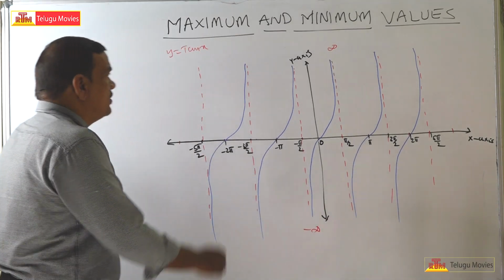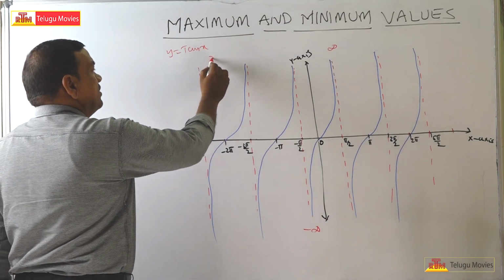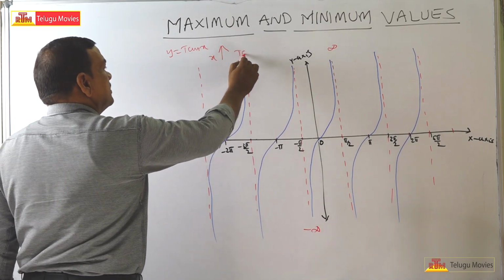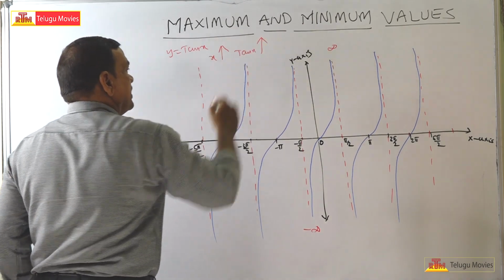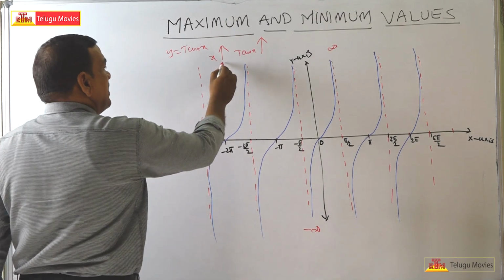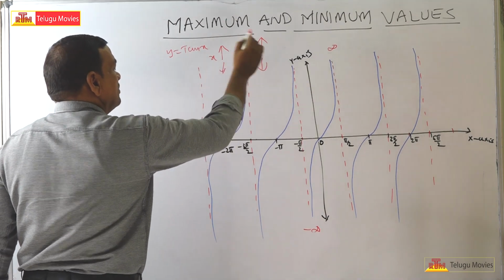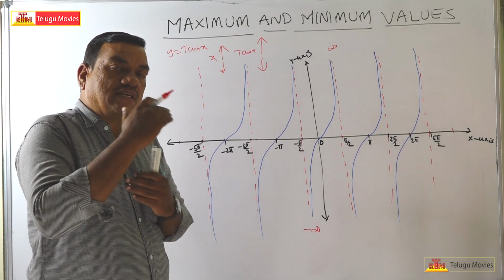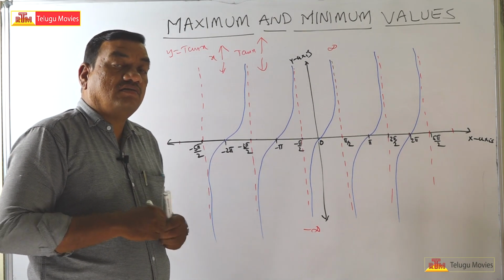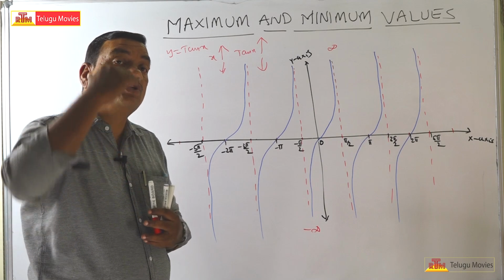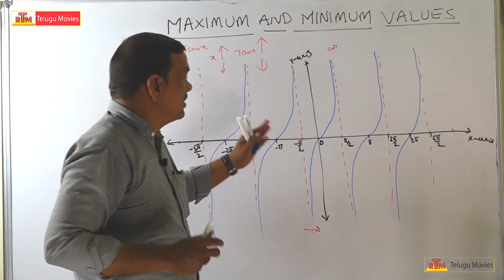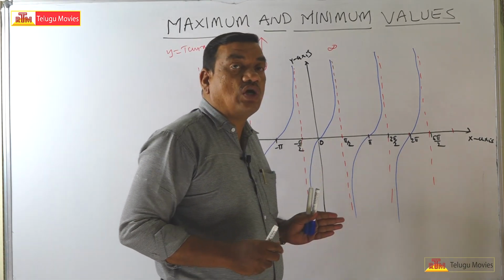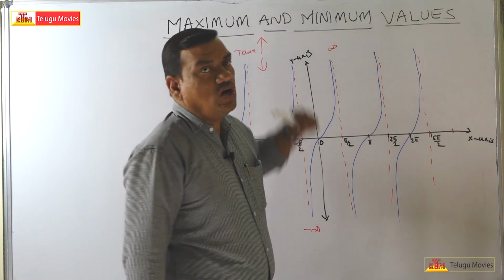In tan x, if the x value increases, the tan x value also increases. If the x value decreases, the tan x value also decreases, but we cannot say that at a certain point it will stop at a certain value. Why? Because tan pi by 2 is not defined, that's why it goes on increasing.